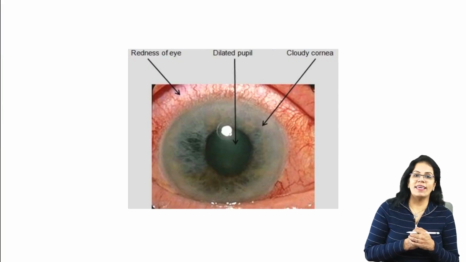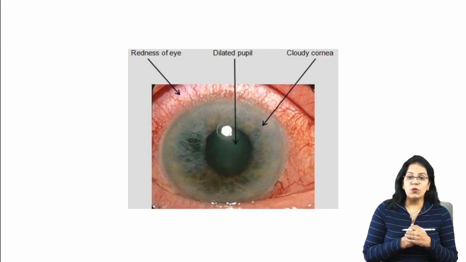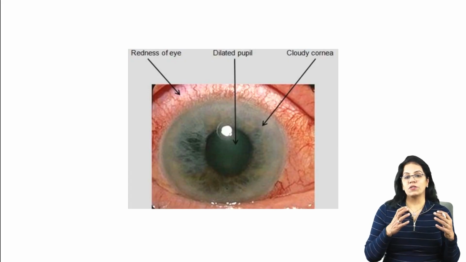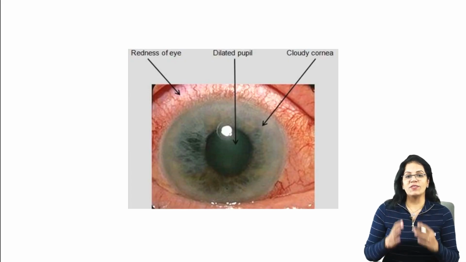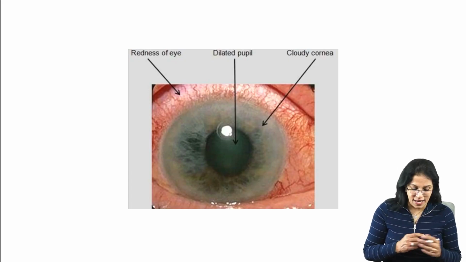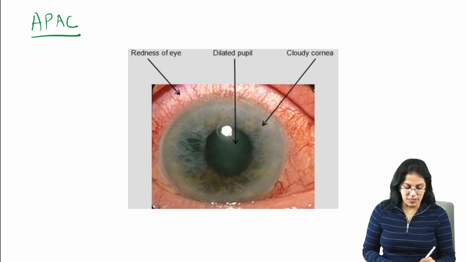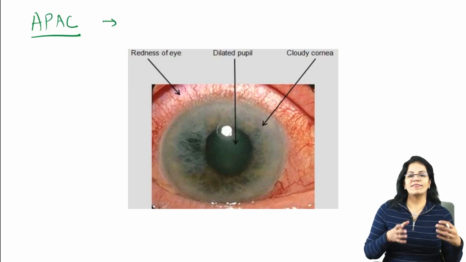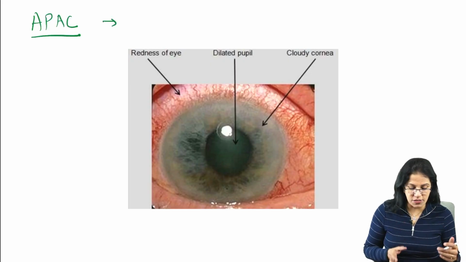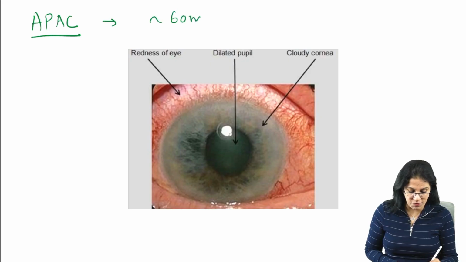What is the next thing that is generally asked in your exam? Of course, acute congestive glaucoma and angle closure glaucoma, isn't it? So please revise your angle closure glaucoma in stages. Coming to acute congestive glaucoma, it is also called acute primary angle closure. What happens in this? There is redness, pain, photophobia, of course. Pressures are very high, up to 60 millimeters of mercury.